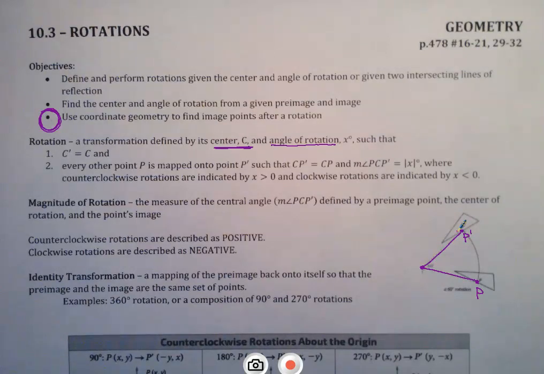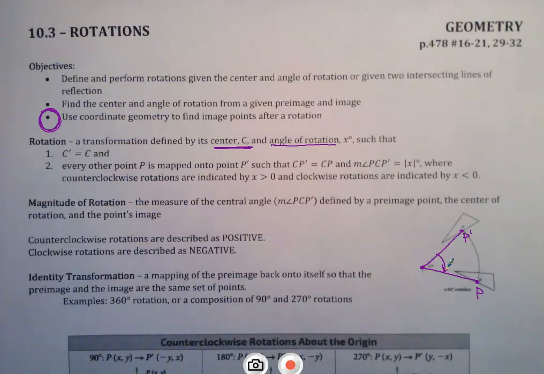And the measure of angle PCP prime, the measure of this angle from here to there, is that angle of rotation. It's x degrees. Sorry, in my last class we've been working a lot with exponents, and I have that on the mind.